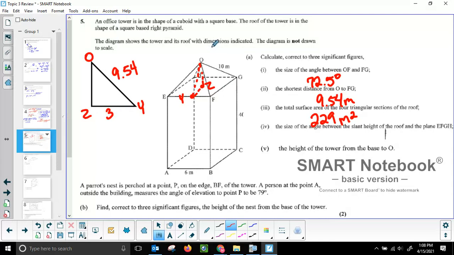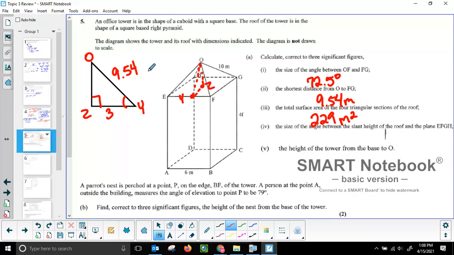So we know that this is a right angle, and we are looking for the size of the angle between the slant height of the roof and the plane EFG. So we're looking for this angle here.